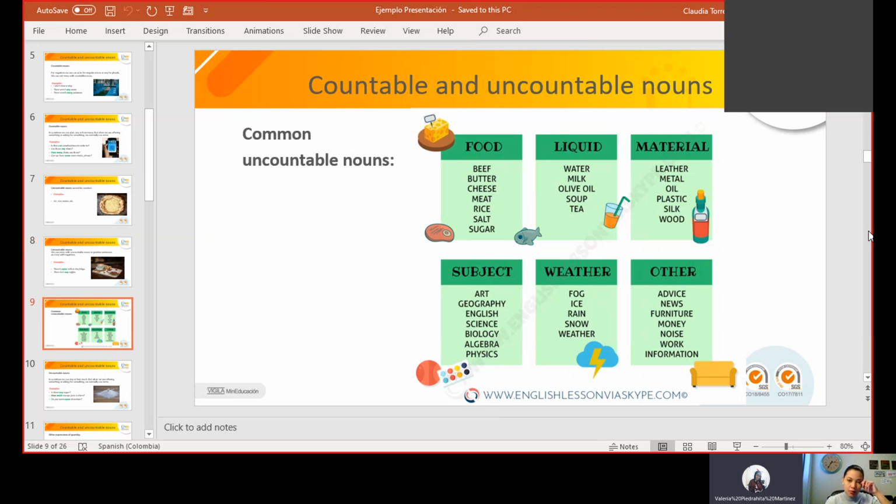Yes, for example, the table is made of wood. Now, silk is a kind of fabric, but it's very shiny, very soft. Leather is something made with the skin of cows. I don't have anything here made of leather.